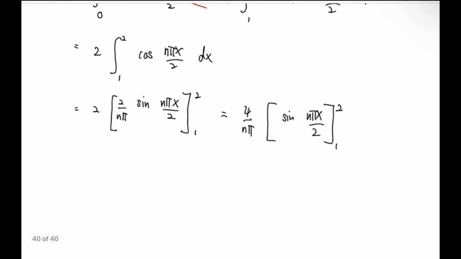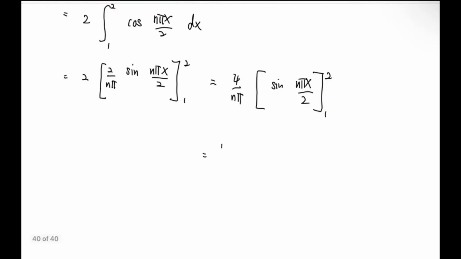Now substitute x into the function. So we substitute 2 into x minus substitute 1 into x. So I continue here, we have 4 over n pi, sine n pi 2 divided by 2 minus sine n pi, substitute 1 is 1 over 2.